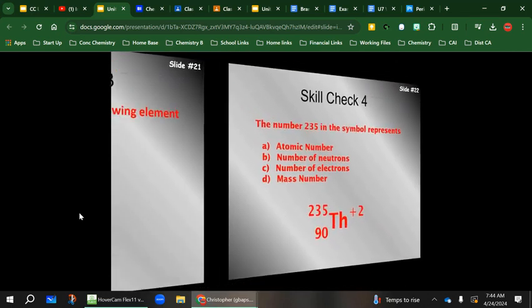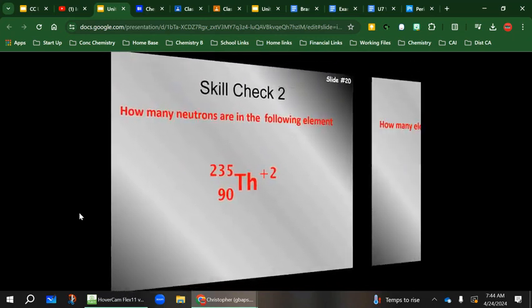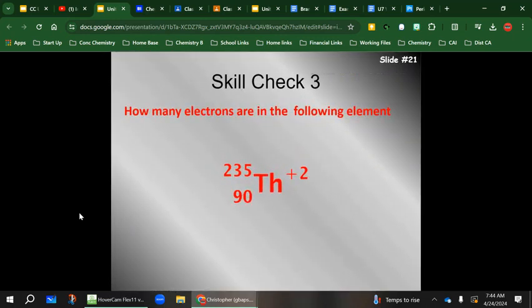Okay? So again, ladies and gentlemen, I would write this down because we seem to be getting this confused. This number up here is always the mass number. By definition, the mass number is the number of protons plus the number of neutrons.